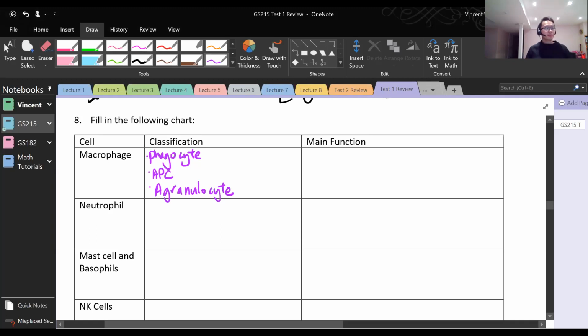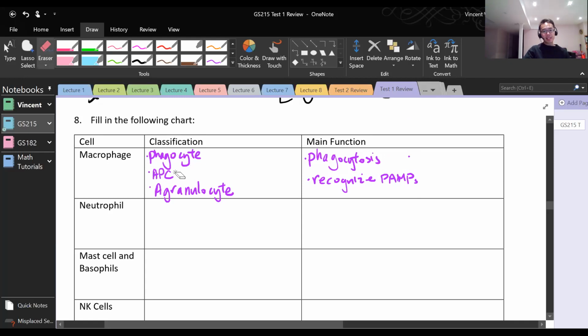What does it do? It does phagocytosis, goes around and eats stuff up. It's able to recognize PAMs, these pathogen-associated molecular patterns. If something has a PAM on it, macrophage is going to go eat it.